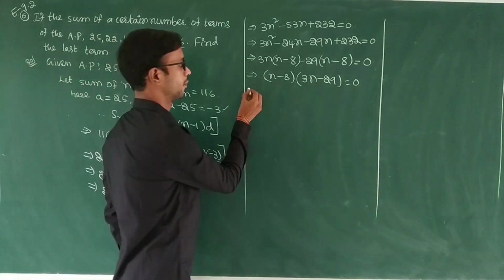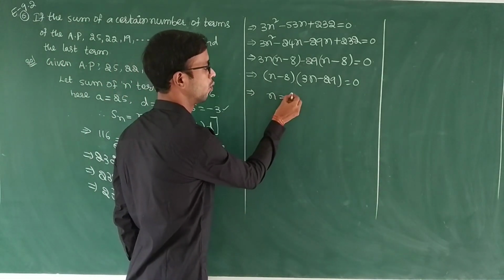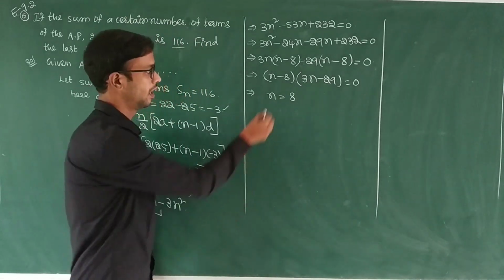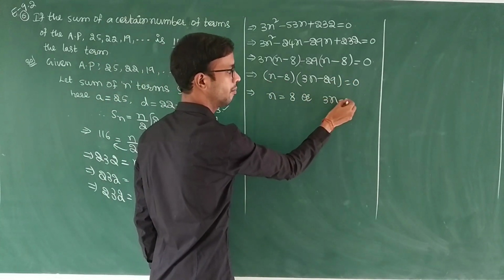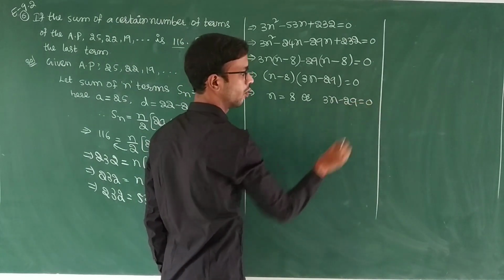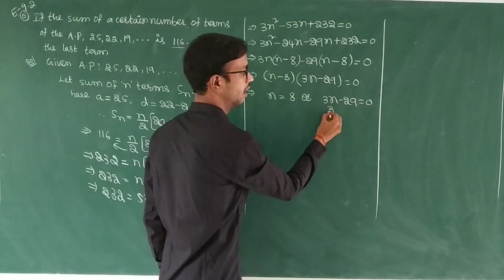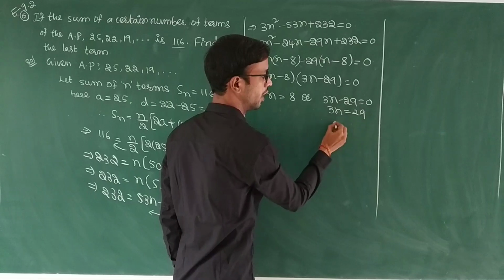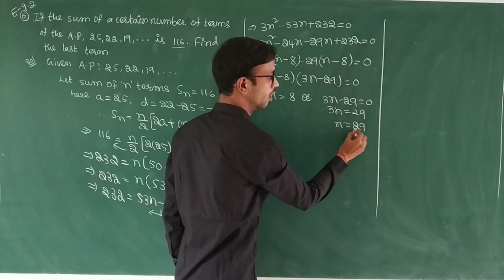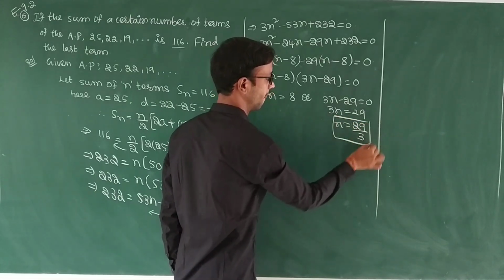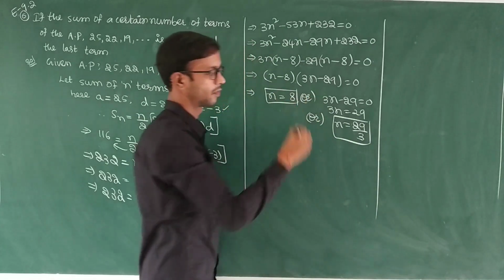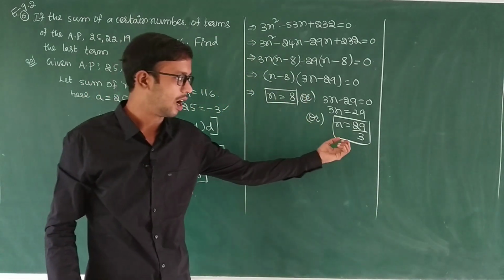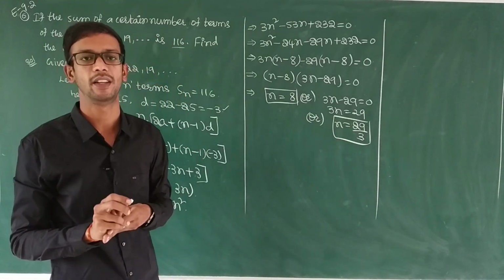Next step: n equal to 8, or 3n minus 29 is equal to 0, that is 3n is equal to 29, so n is equal to 29 by 3. So n equal to 8 or n equal to 29 by 3.